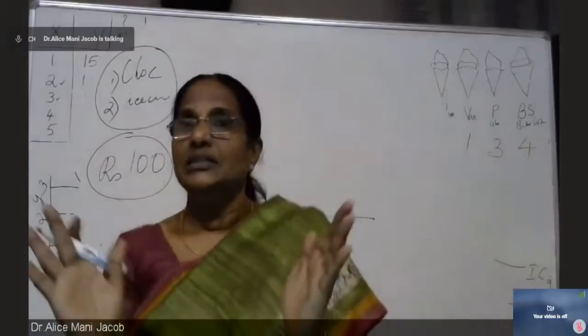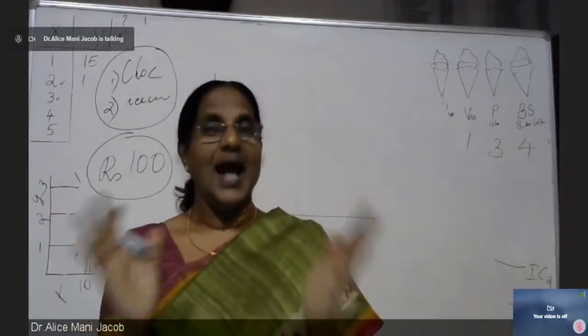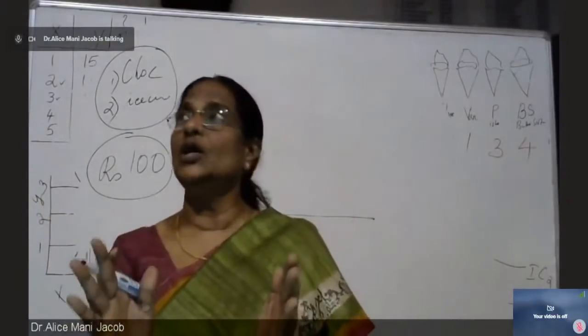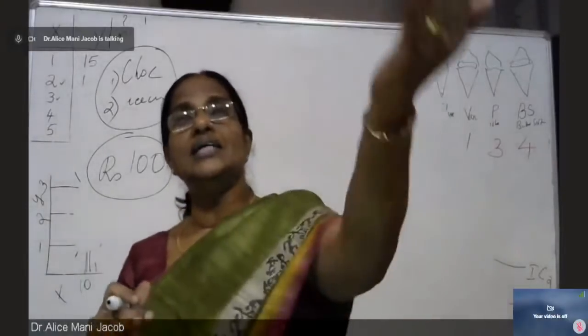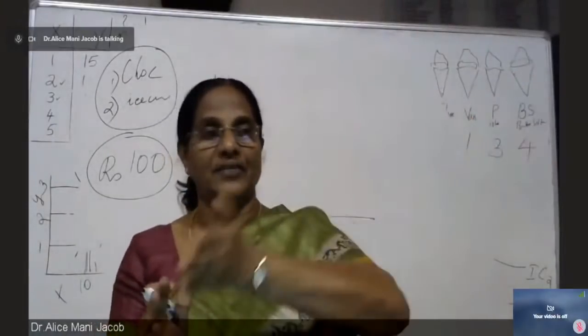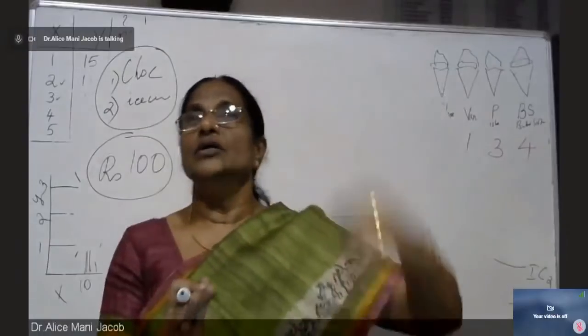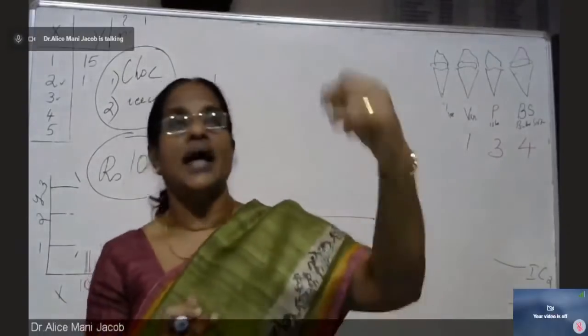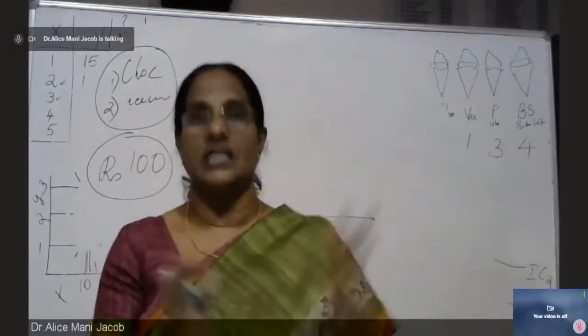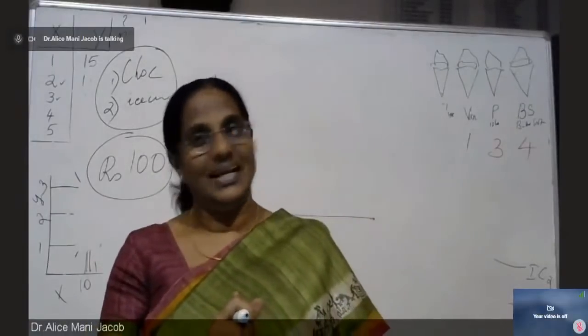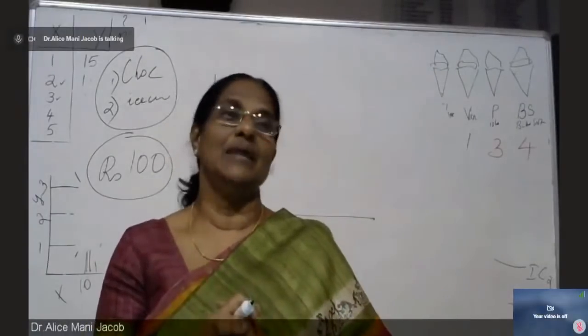Your indifference map tells you that you want to go to the highest possible indifference curve, consuming, say, 2,000 chocolates and 1,000 ice creams in 6 months. Clear? Consumption is always during a period of time.